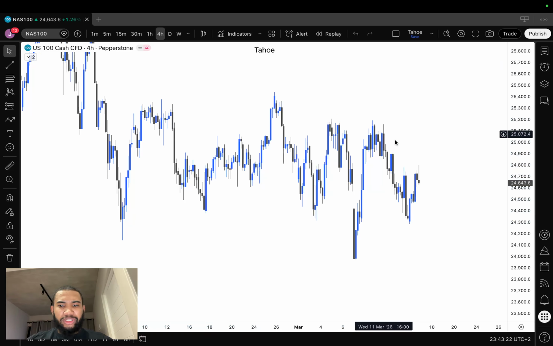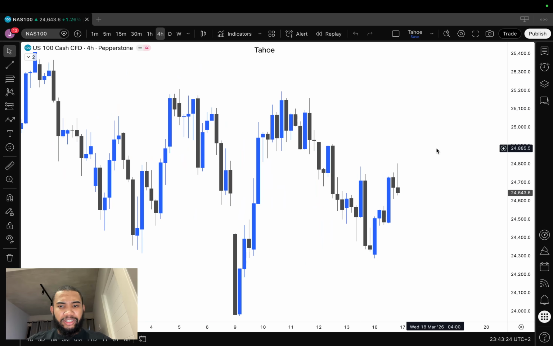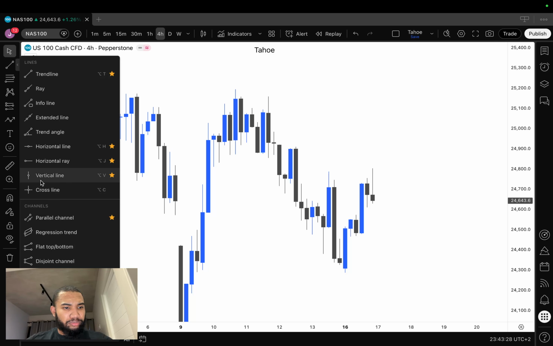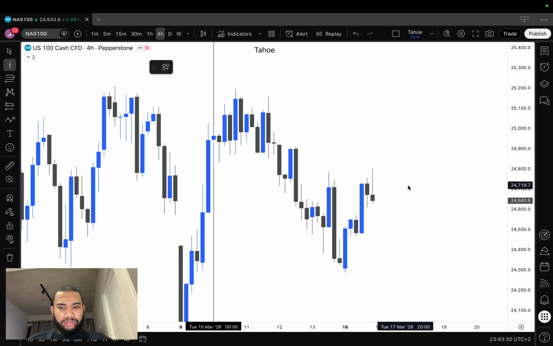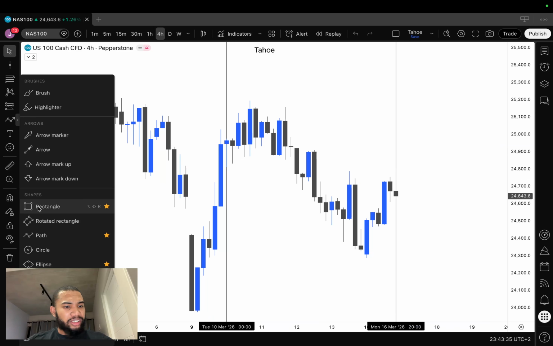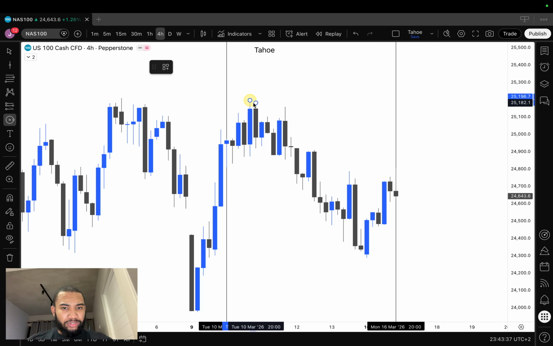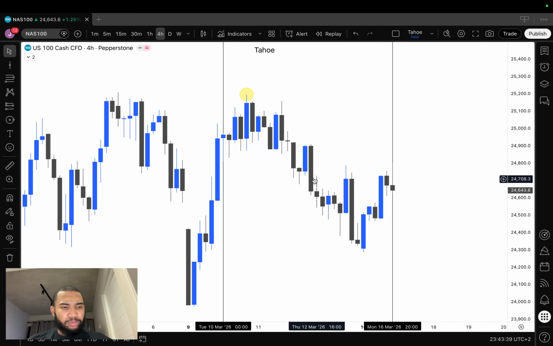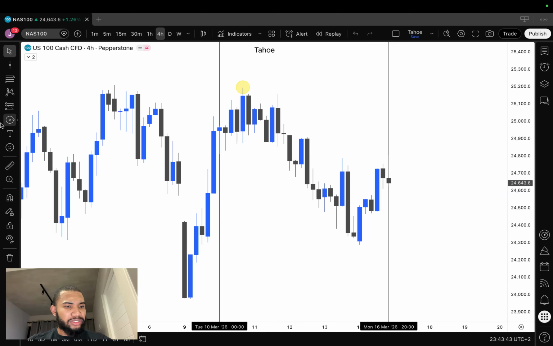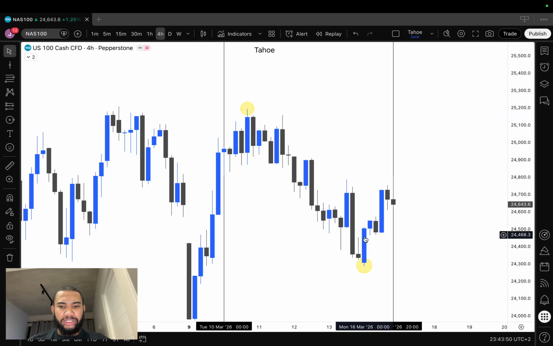Okay, but once we start zooming in, and we look at just price action from here to here, we can clearly see that the highest point is of course here, and the lowest point of this amount of candlesticks is here. So from here to here, we can clearly see that price was descending.